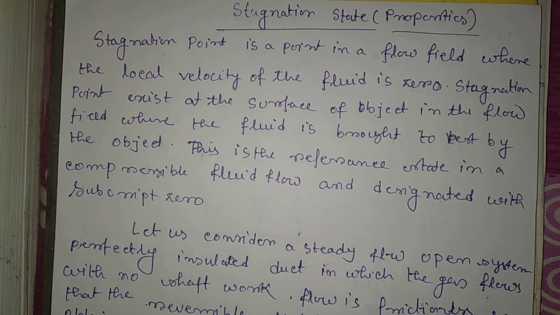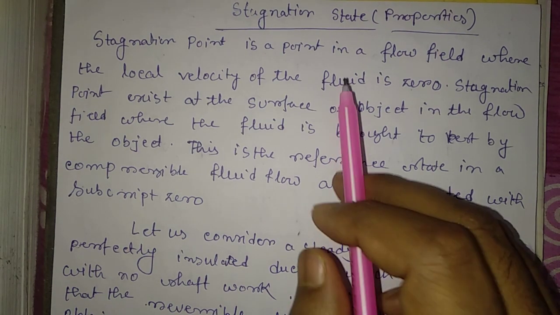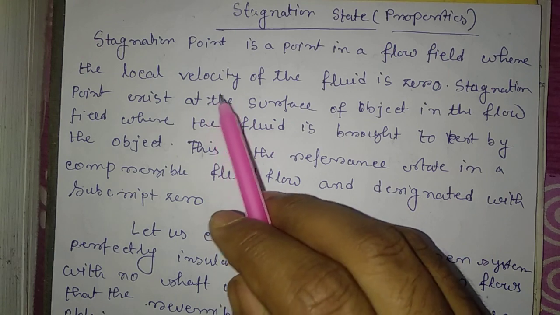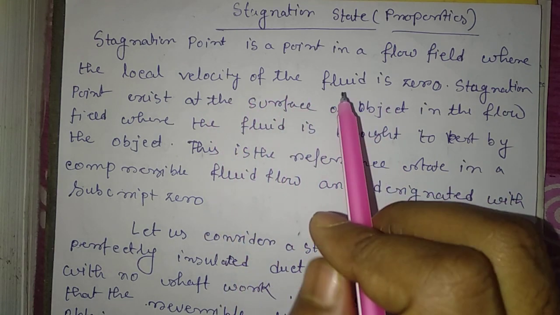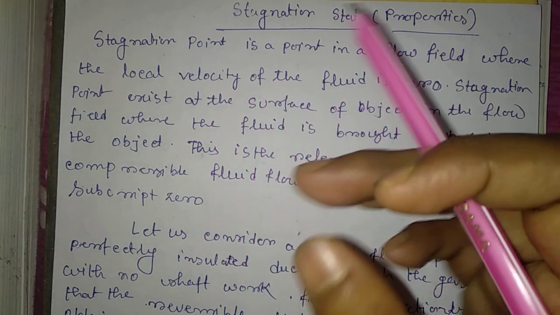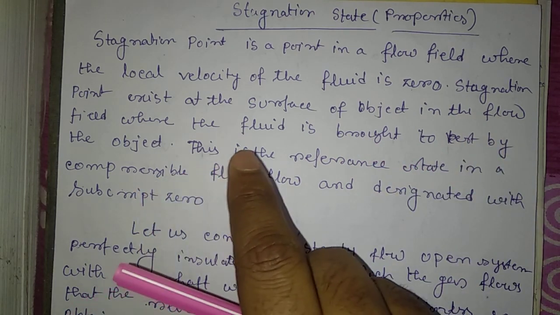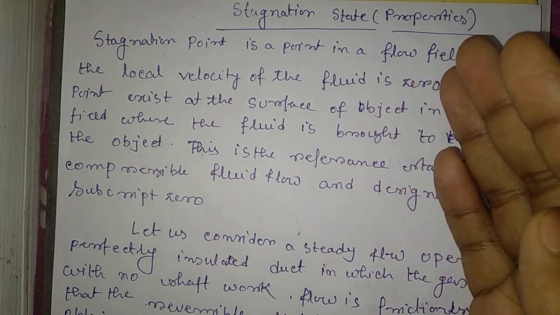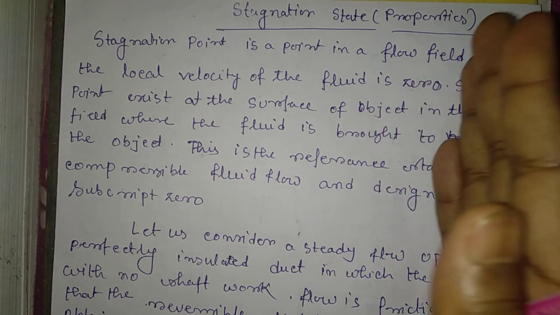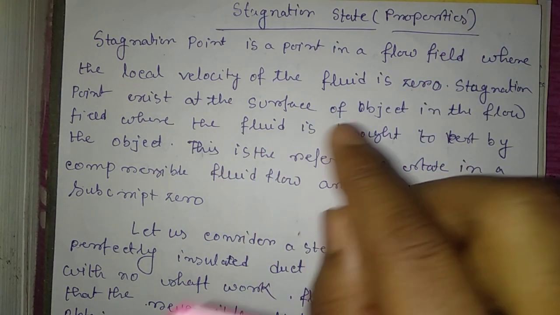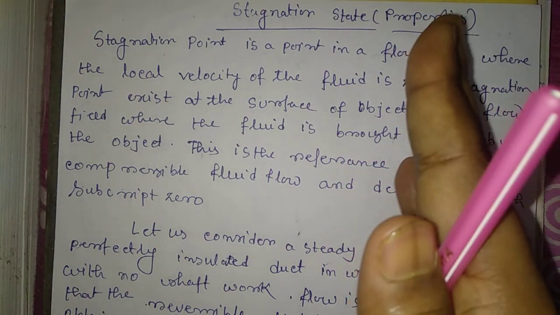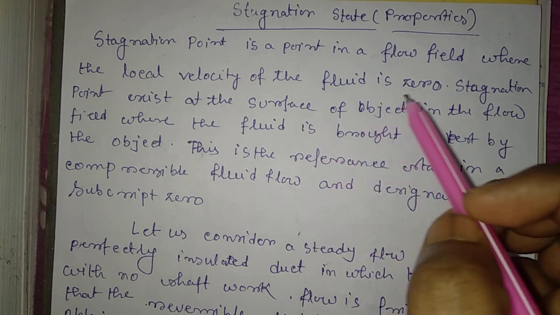Stagnation properties or point is a particular point in a flow field where the local velocity of the fluid is zero. Obviously, if a fluid is flowing through a particular pipe or channel and it meets some object, then at that point, at the surface of the object, the velocity of the fluid will be zero.